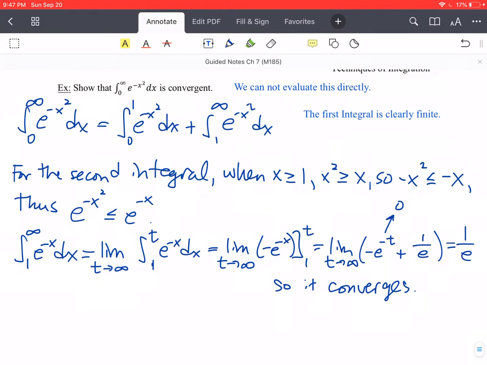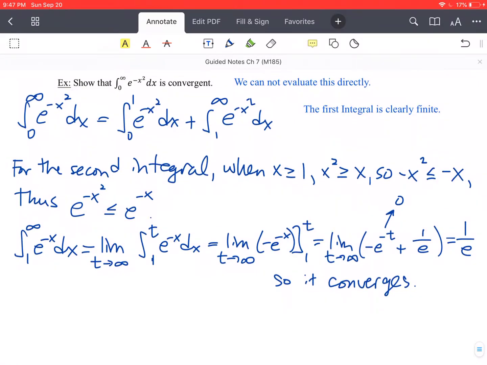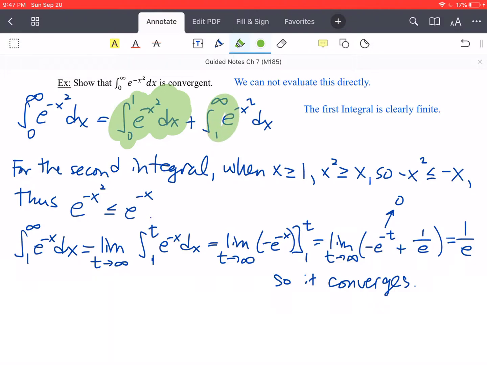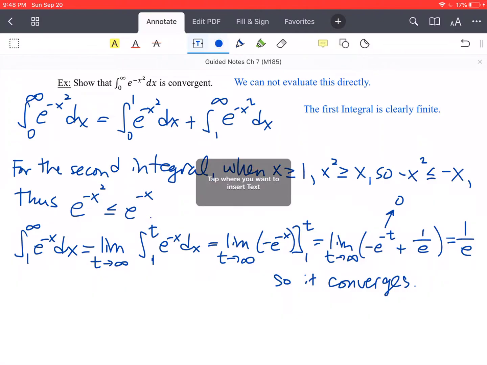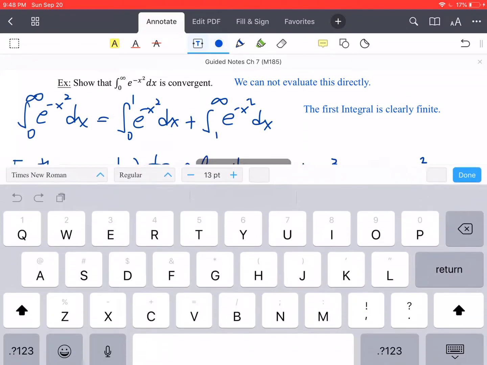And now we can go ahead and make our argument, because we know that this first part converges, is finite. We know that the second part, now we know it converges, because something bigger than it converges on this interval. Okay, so let's go ahead and state our argument.